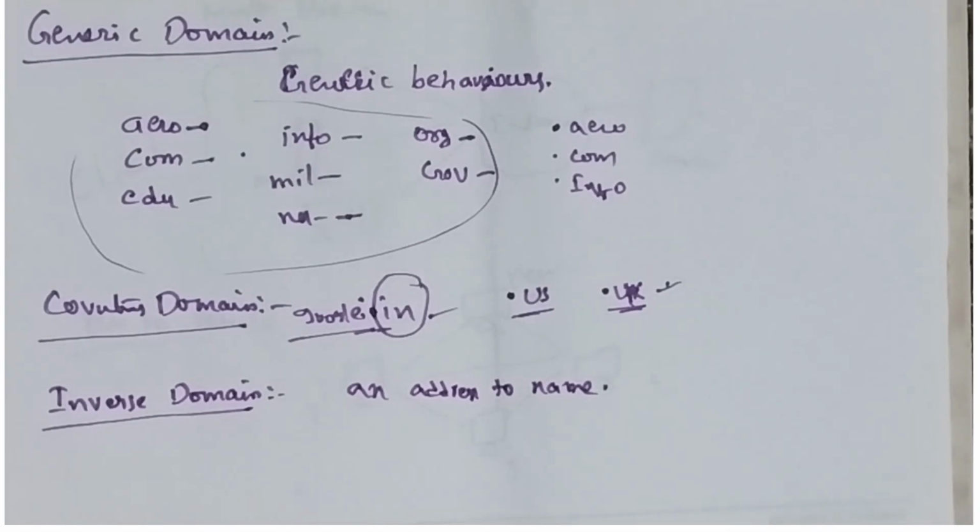When the server receives a request from a client, the server contains files of only authorized clients. To determine whether the client is on the authorized list or not, it sends a query to the DNS server and asks for mapping the address to the name. This type of domain is called an inverse domain.